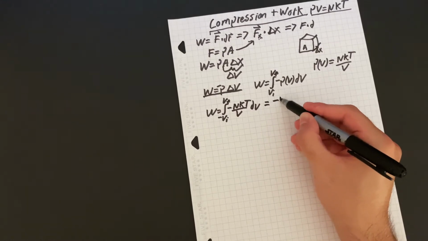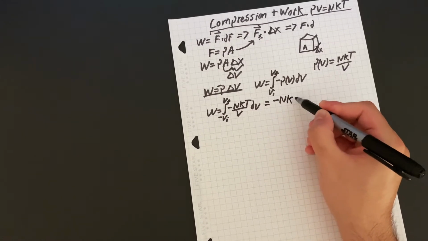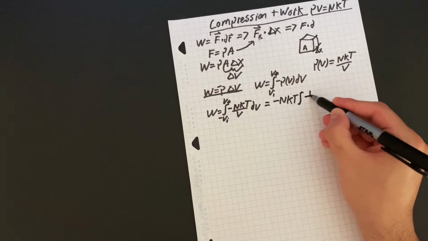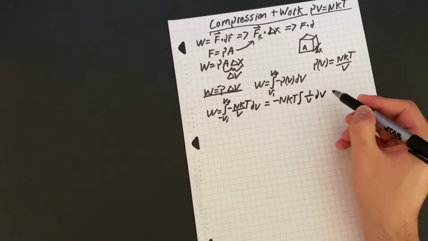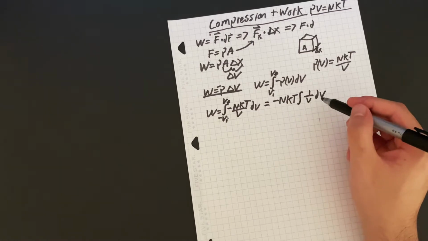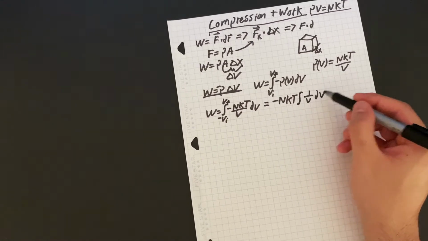It's going to be negative n k t integrate 1 over v dv. And this is just a basic natural log function. That's what this integral is. The integral of 1 over v is the natural log of v.